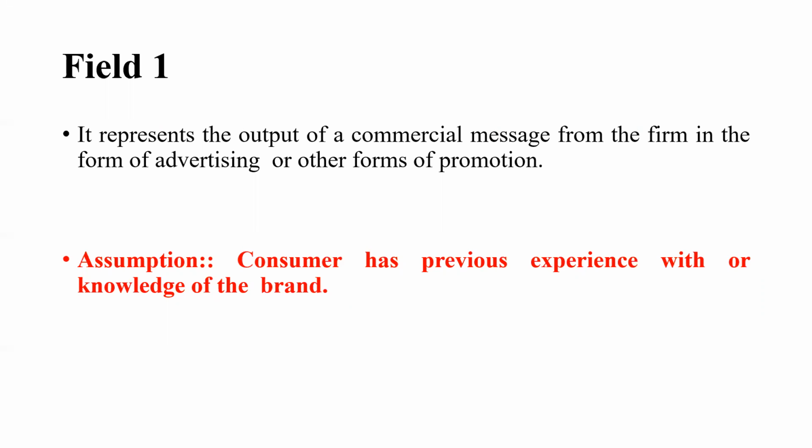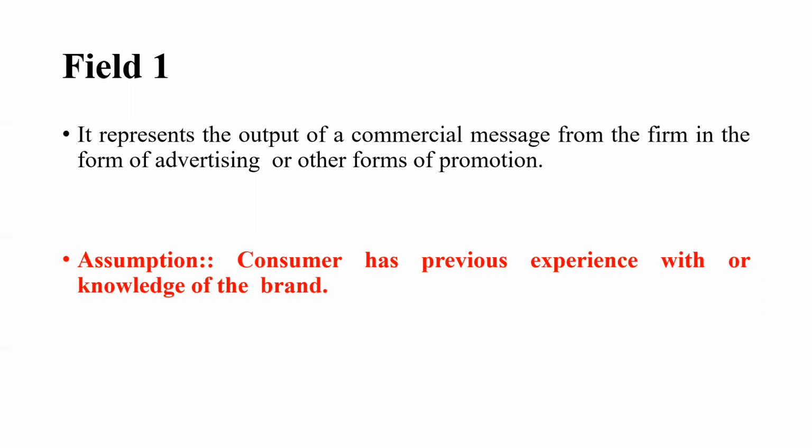So these firm's attributes and the consumer's attributes will ultimately become the input for field 2. Whatever the communication is coming from the firm in the form of advertising and various promotional programs and campaigns will become the input for the second stage, that is the search and evaluation of alternatives.